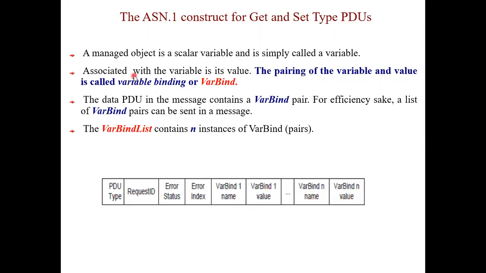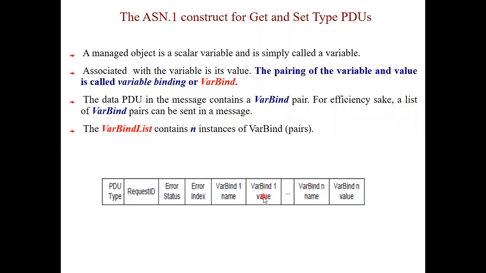So a managed object is a scalar variable and it is simply called a variable. Associated with the variable is its value. The pairing of variable and value is called variable binding or varbind. The data PDU in the message contains a varbind pair. Okay, for efficiency's sake, a list of varbind pairs can be sent in the message.